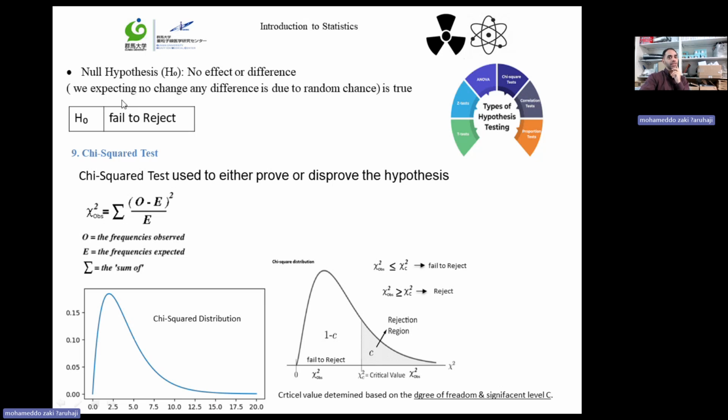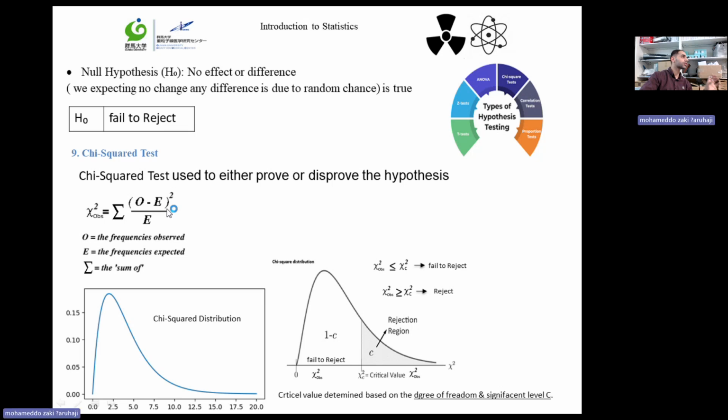For us, the chi-square test helped me prove or disprove my hypothesis. The test is basically: I have my null hypothesis, and I need to find the equations which will show that my hypothesis is right or wrong. Then I can defend this in my thesis.